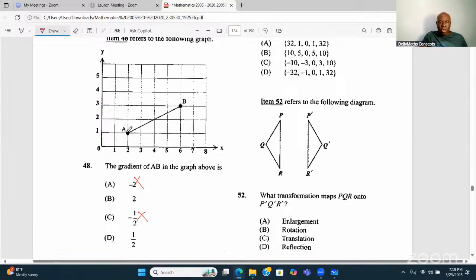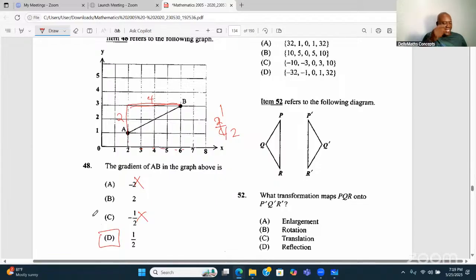You rise 2 and you run 1, 2, 3, 4. And you're looking at the units too. So it's 2, 4. Rise over run. So 2 over 4 can be broken down to 1 over 2. So your answer is D for dog, right?